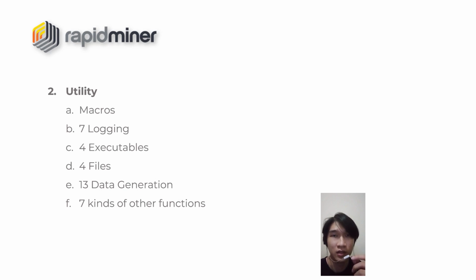At point E, it has 13 data generation. Just like at noise, generate data with user specifications, generate nominal data, generate multi-label data, generate massive data, generate data direct delivery, generate data churn, generate upselling data, generate sales data, generate data team profile, generate transfer data, generate transaction data.